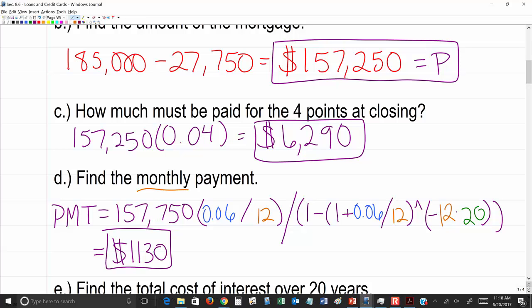So that's not too bad for a 20-year mortgage, because that's an accelerated mortgage. Most people usually get 30, in which case that'd make your payment $946.